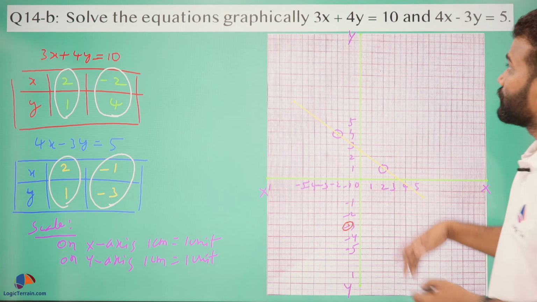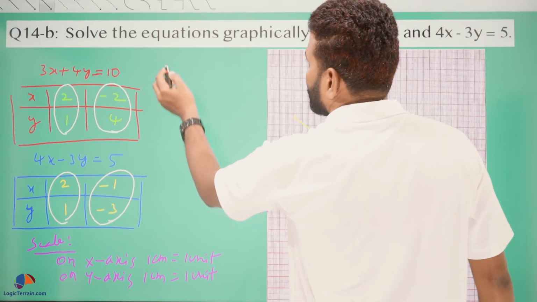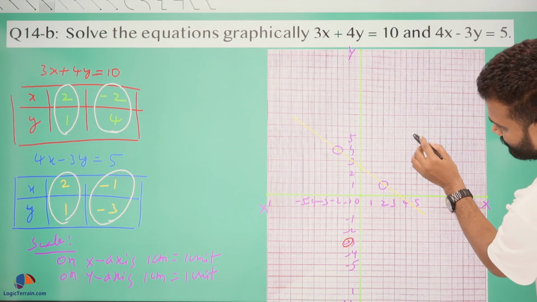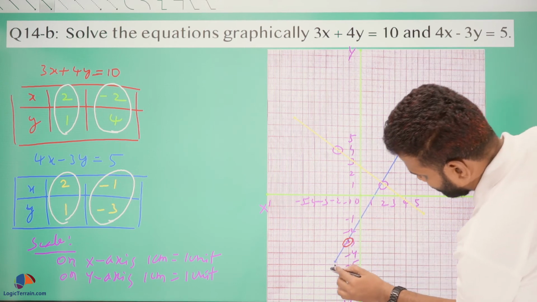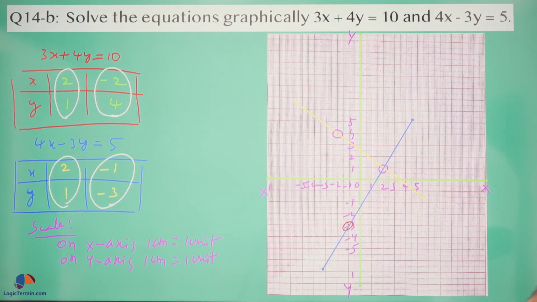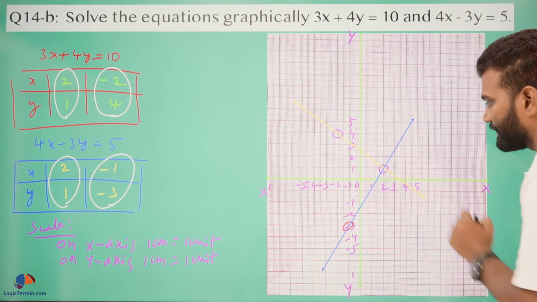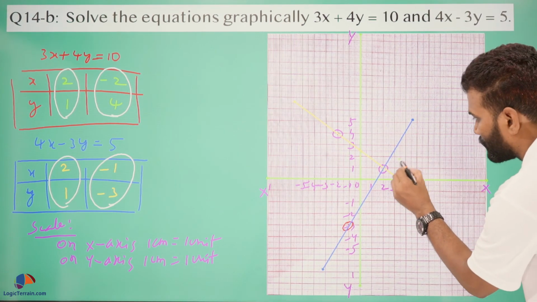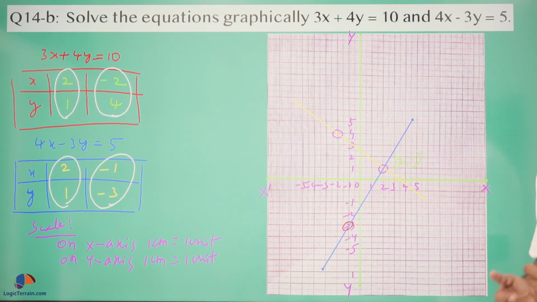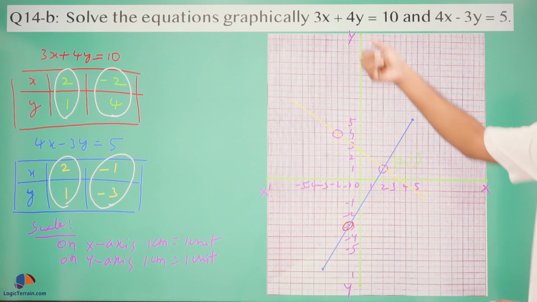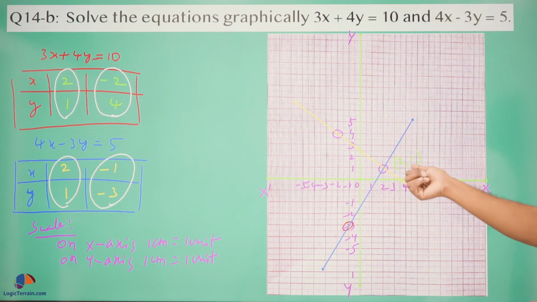So on joining these 2 points, these 2 straight lines meet somewhere here. This is the point 2, 1. Therefore, the solution of these 2 linear equations is 2, 1.